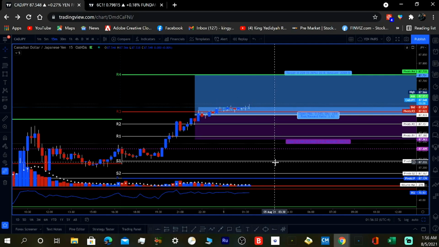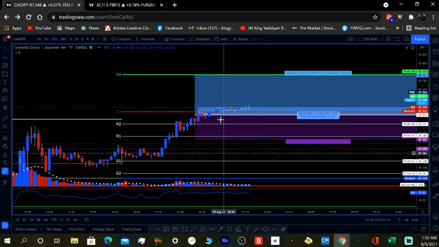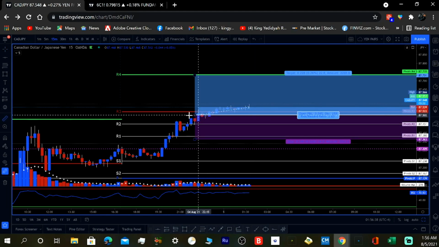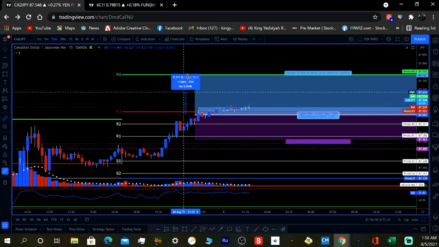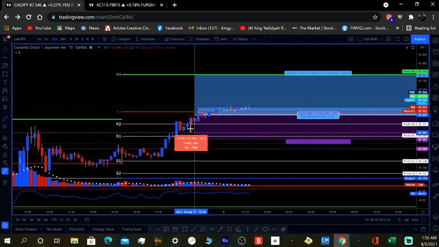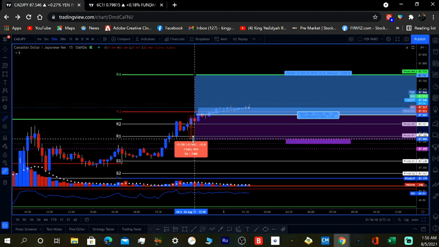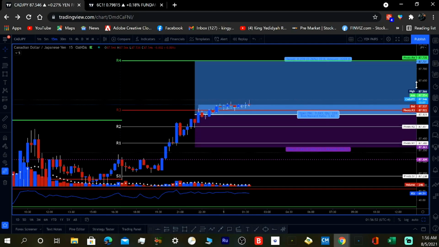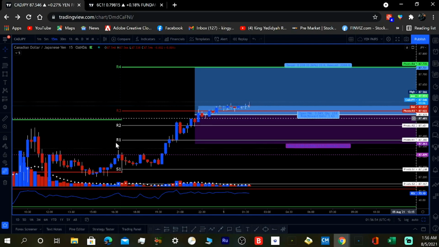So right now I'm just holding, trying to get to R4. Let me see how many pips that is. Yeah, so that's 23 pips, risking 13 pips. Right now I'm trying to get this to break even, which would be, let's see where 13 pips is.